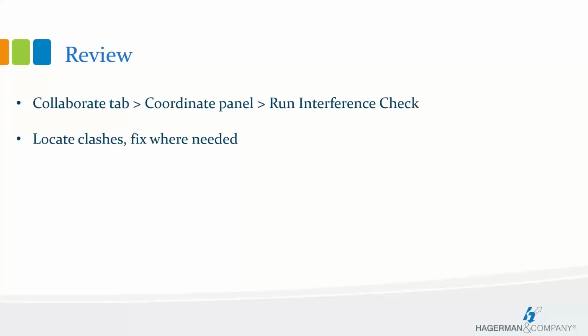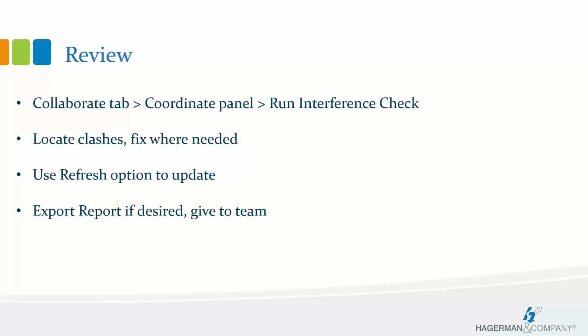If not, then you can use the IDs to find those elements in the model. Then we switched to the other model and moved the equipment to fix the interferences on the roof. After that, we went back to the architectural model and refreshed the report, which cleared that up, and it showed that those clashes were fixed.